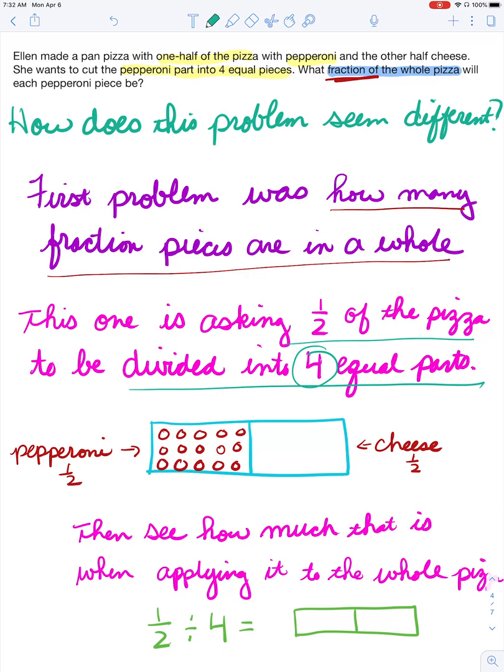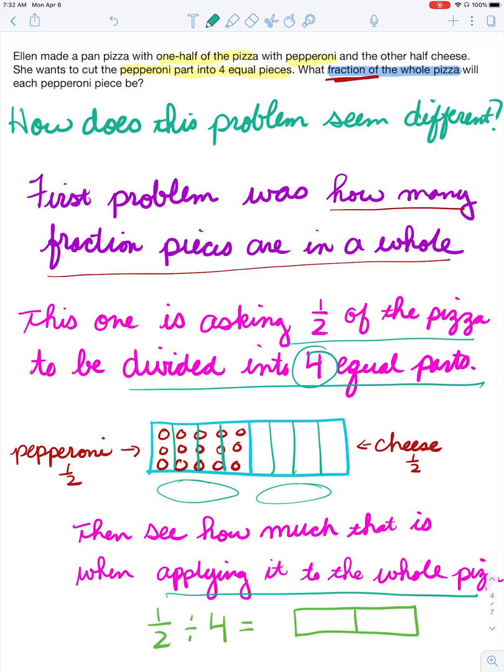So let's do that first. Let's take these 4 parts, 1, 2, 3, 4, and divide the pepperoni side into 4 equal parts. So what we need to do is apply this to the whole pizza. Whatever I do to this half here, I'm going to also have to do to this half here. And so I need to divide this into 4 parts as well.